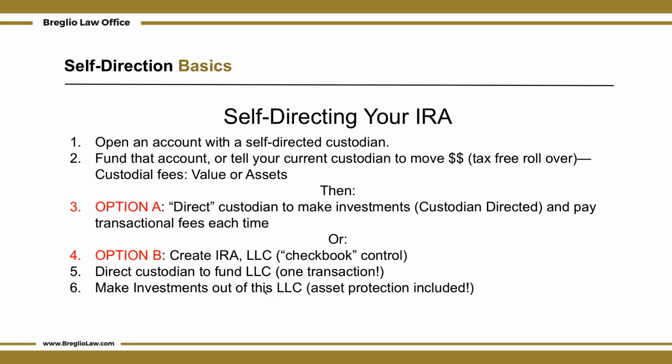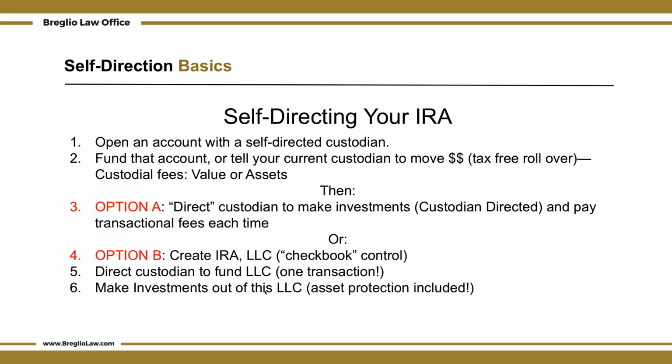And your current custodian is going to have their own forms to fill out, their own paperwork, their own steps and timing and processing. We usually find that that takes anywhere between 2 and 4 weeks for your custodian to move that money. Okay, so fill out whatever paperwork, get that money moved over, and your current custodian will write a check or wire funds or something, and they'll send the money over.